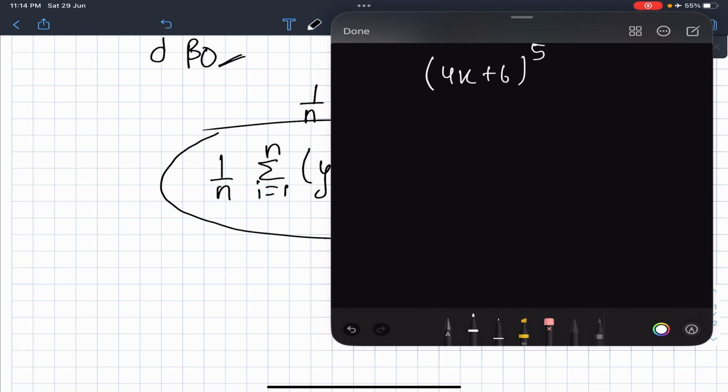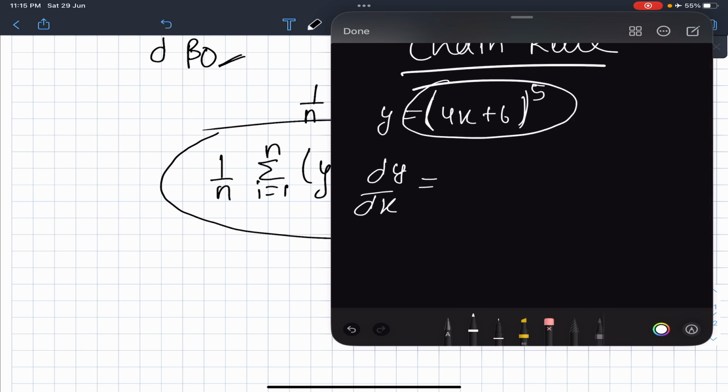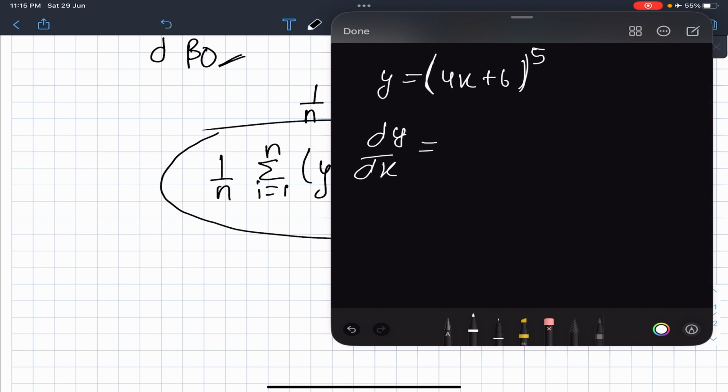How will we find the derivative of y with respect to x? We first find the derivative of the whole outer function, then the derivative of the inner function: derivative of outer function times derivative of inner function.